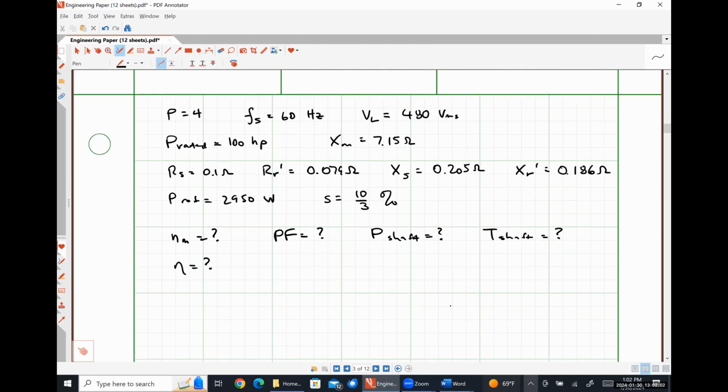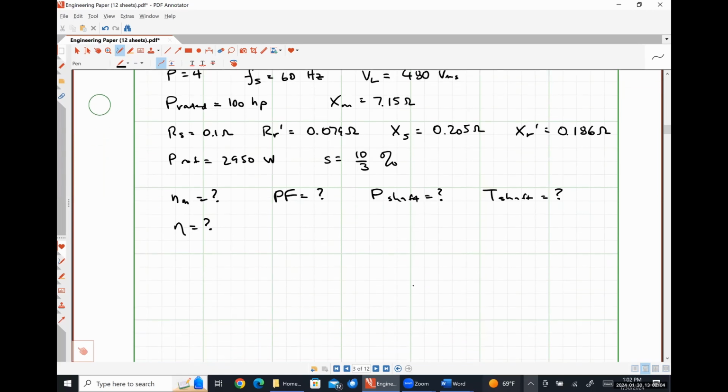All righty, so let's start with Nm because that seems like relatively low-hanging fruit. We know that slip is equal to Ns minus Nm divided by Ns.